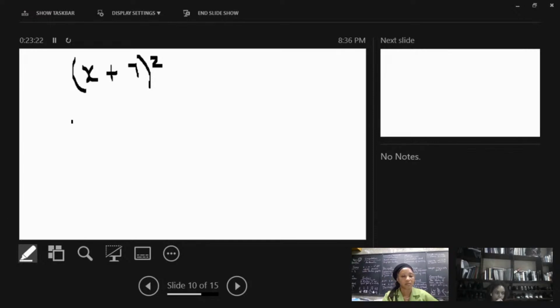What would this be? Don't expand it. Just send me the answer. Yes, sir, I'm working it out in my head. No, you mustn't work it out, John. Just go straight to the formula. A squared plus 2ab plus b squared.